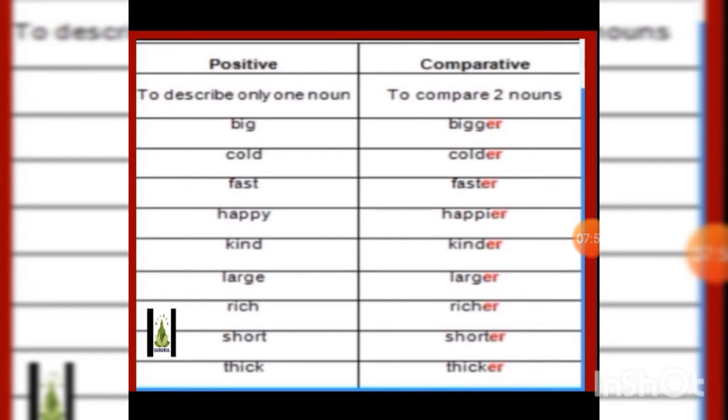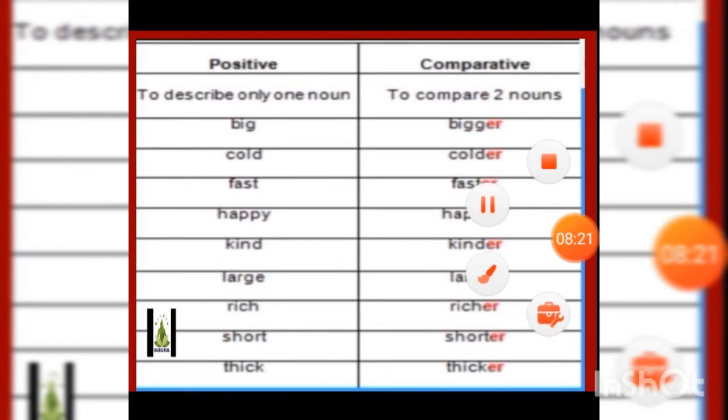Okay, first one is big, bigger; cold, colder; fast, faster; happy, happier; kind, kinder; large, larger; rich, richer; short, shorter; thick, thicker. So, I hope you have understood what is positive degree and comparative degree.